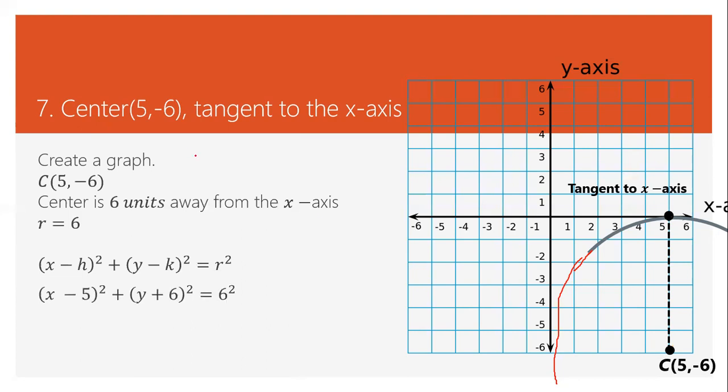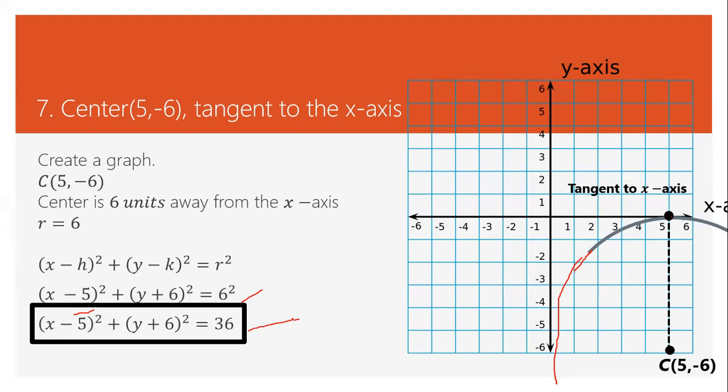So x minus 5 squared plus y, negative times negative is positive, so y plus 6 squared equals 6 squared. So x minus 5 squared plus y plus 6 squared is equal to 36. That's the standard equation of this problem.